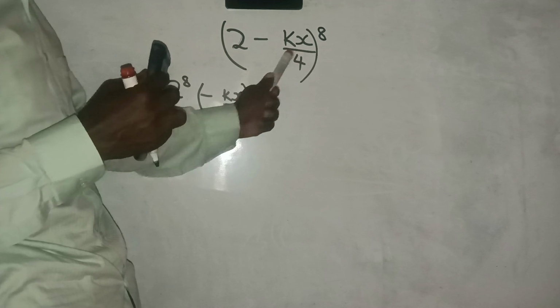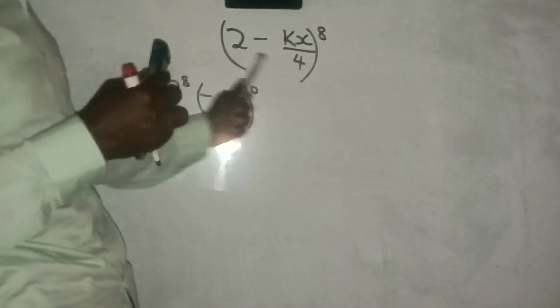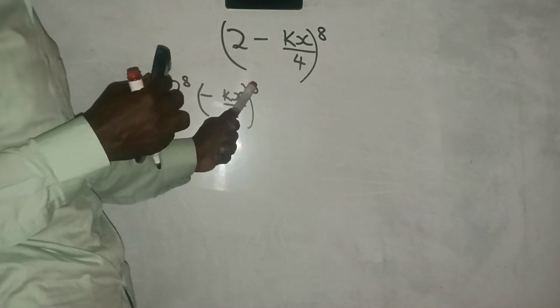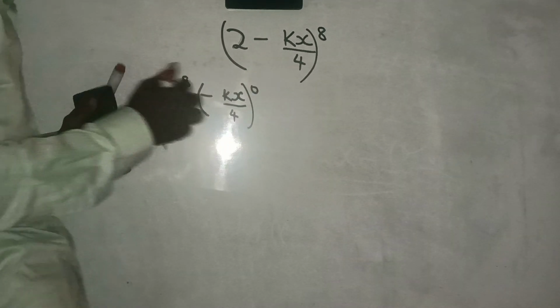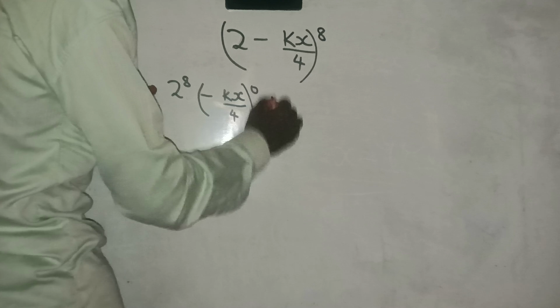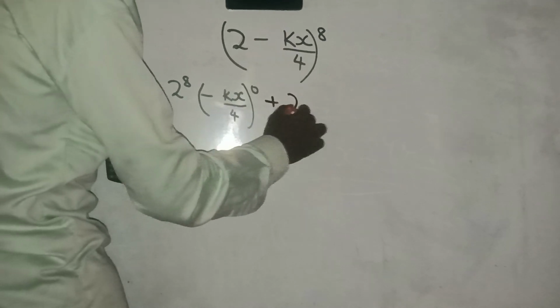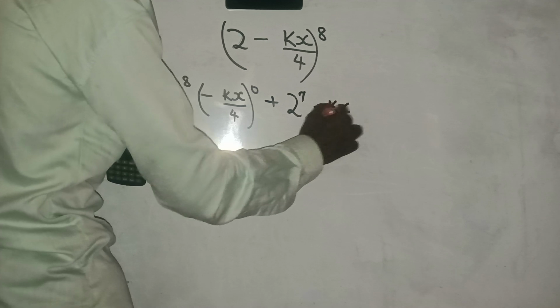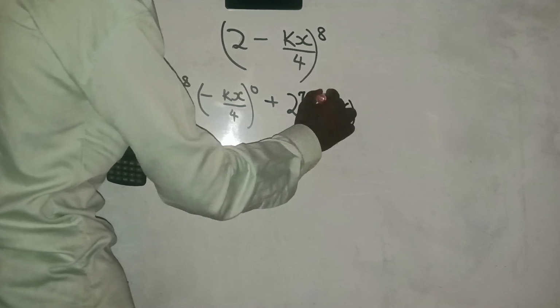Then the second part of that expression that has to get raised to this power is supposed to get raised to the lowest power, which is 0. Then we shall say plus, then 2 raised to 7 less kx over 4, and this is raised to 1.